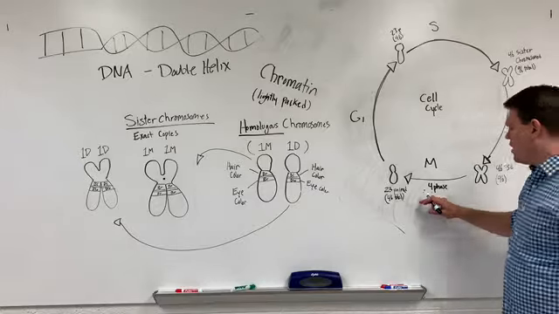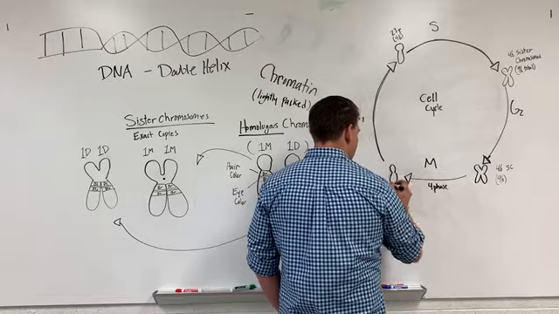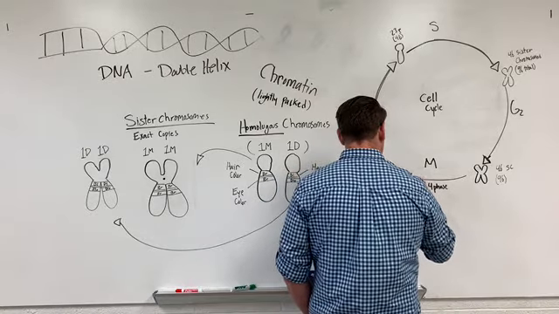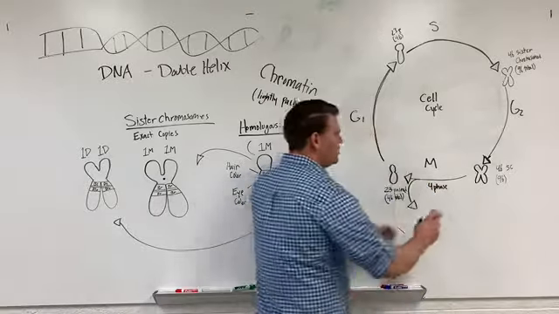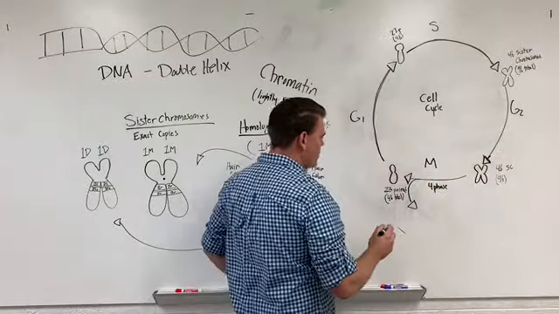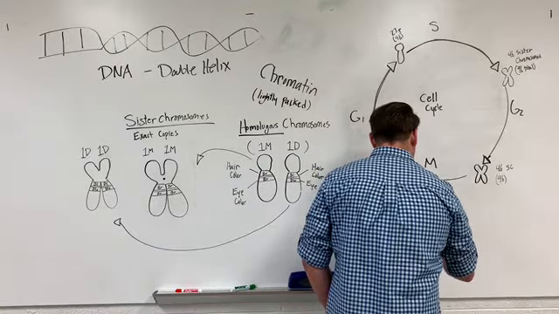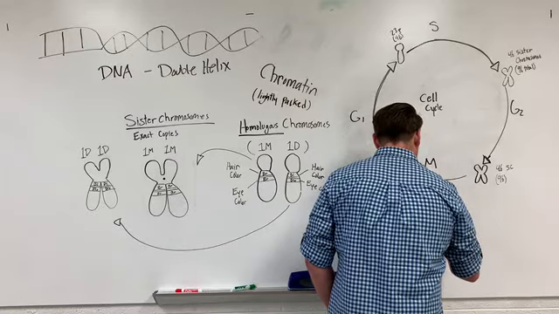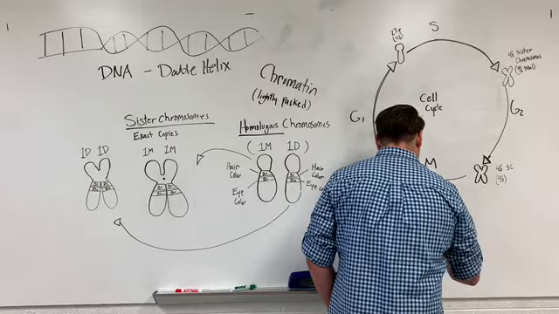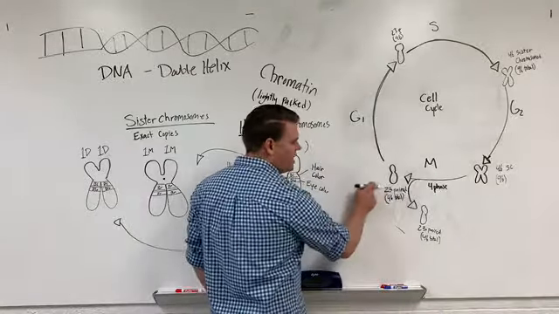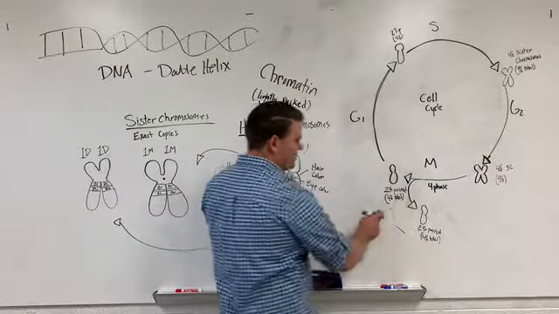At the end of our 4 phases of mitosis, we end up with 2 new cells, and so what we do is we split all of our sister chromosomes up so that we then end up with 2 new cells, each with 23 paired chromosomes, and each with a total of 46 chromosomes.